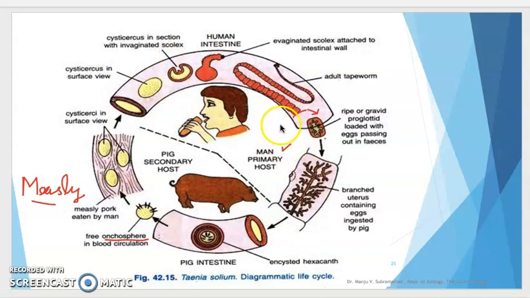The fully formed cysticercus remains dormant in the voluntary muscles of the pig, and it can undergo further development only if it reaches the body of a man. When uncooked pig meat is eaten by man, the transmission is converted from the pig to the man.